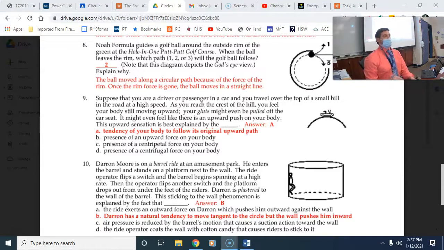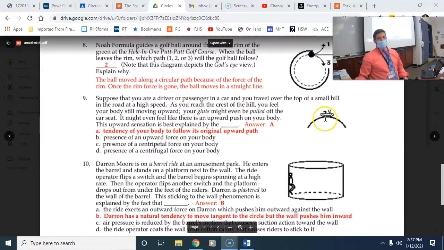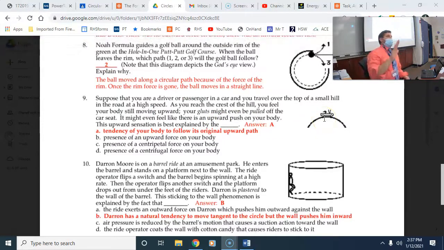The reason you feel like that is because as you approach the top of the turn, at every moment you want to fly off of it. So in a vehicle not going too fast, you shouldn't actually fly off of it, but your body is not 100% locked into the vehicle even with a seatbelt on. You're free to move a little bit, right? And your body might continue to go up for a moment at the peak of that turn.